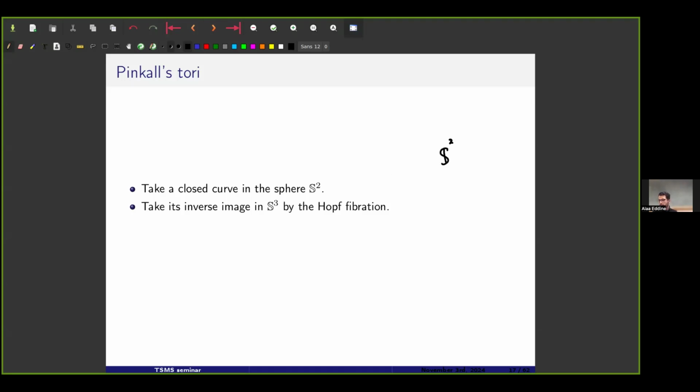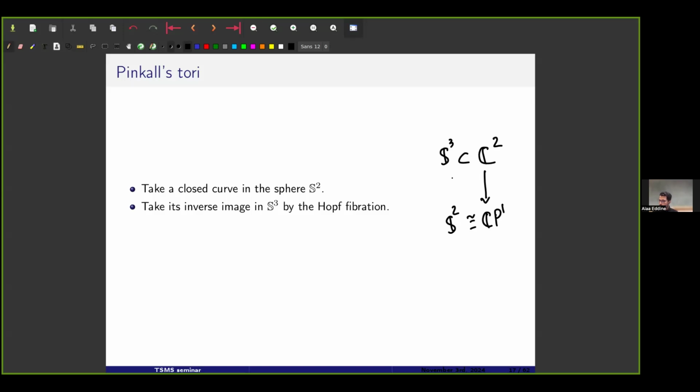S3 we can see as the unit sphere in C2, and from C2 we have a projection map to CP1, the natural map, and CP1 is homeomorphic to S2. So you take a closed curve in CP1, in S2, and you take its inverse image by this projection, when we restrict it to S3.